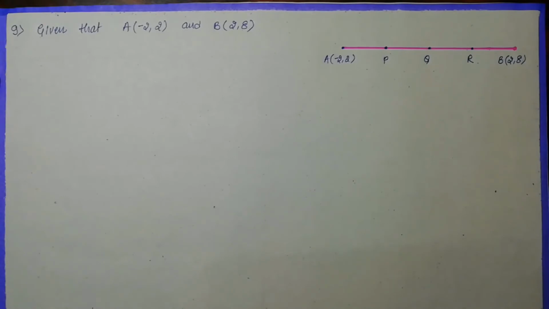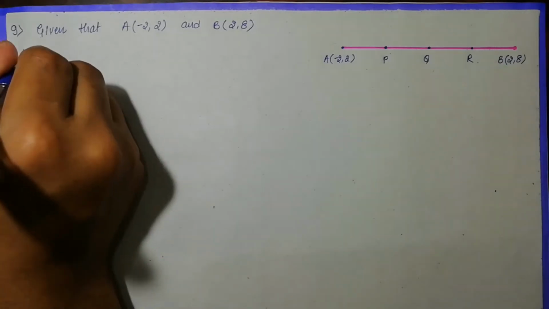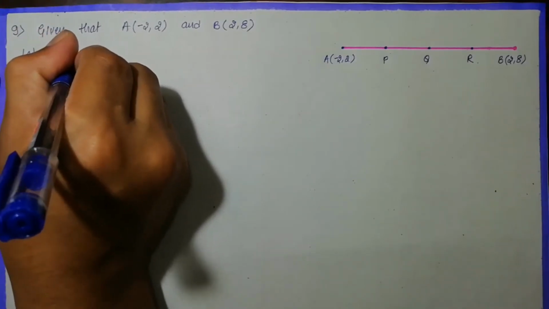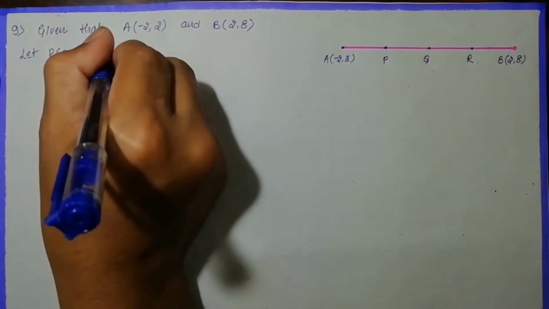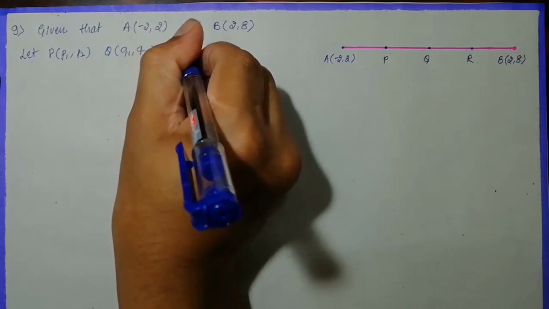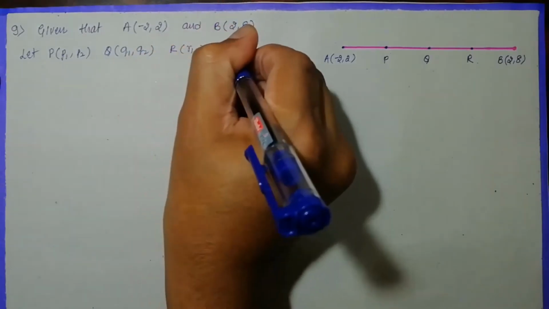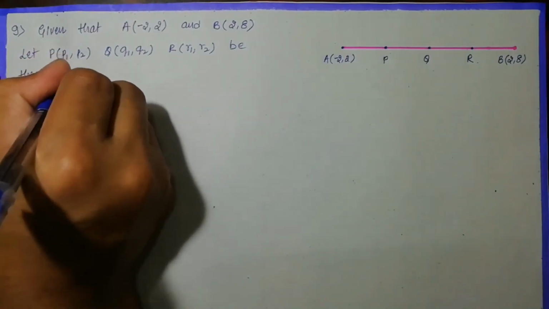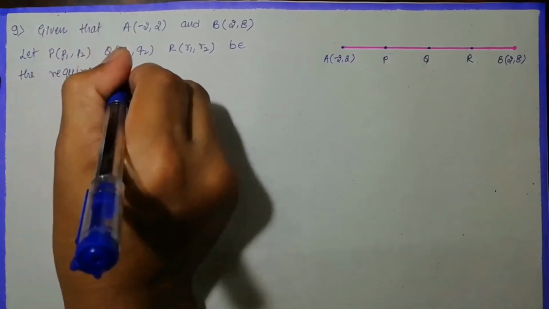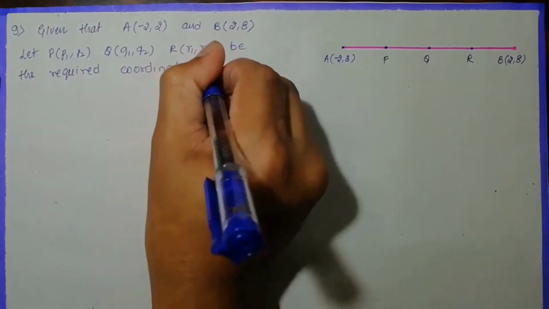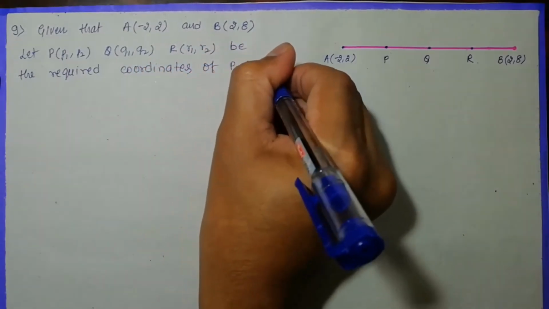Now I'm going to find the coordinates of P, Q, R. Before that, write one line here: let P of P1 comma P2, Q of Q1 comma Q2, R of R1 comma R2 be the required coordinates of P, Q and R.